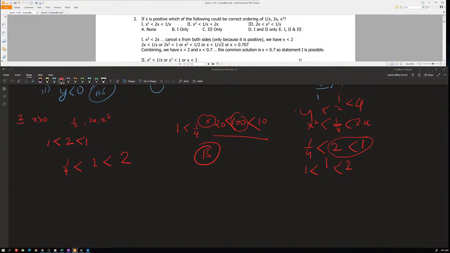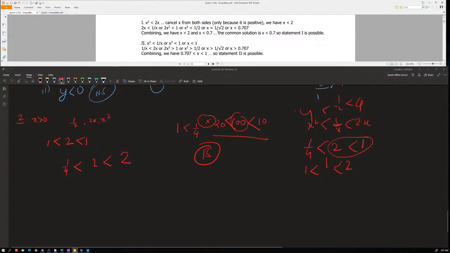So x is less than 0.7. Combining, we have x is less than 2 and x is less than 0.7. So statement 1 is possible. Yes, that's what we also took.